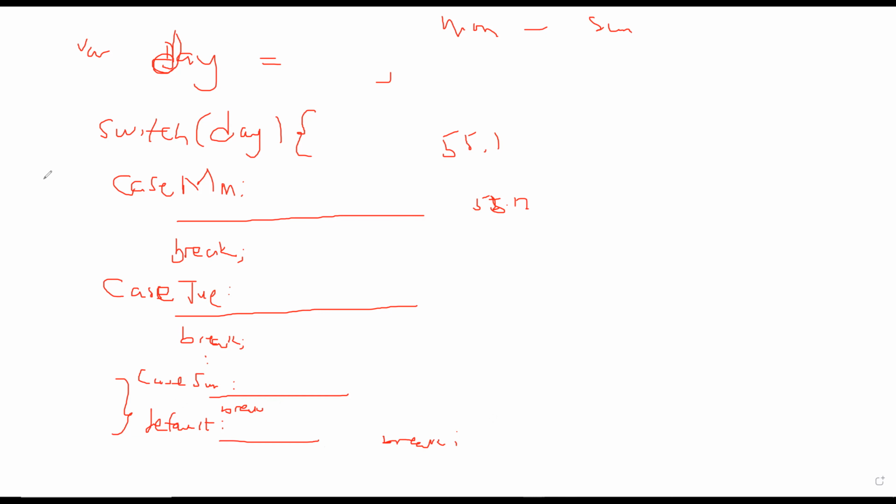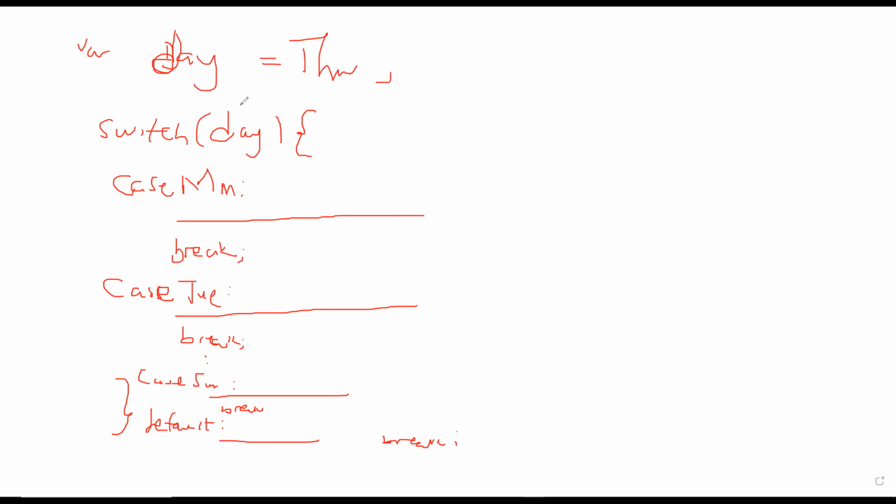Now, when we are dealing with infinite numbers, before I go into that, let me demonstrate what is going on in a switch statement. Let's say I have a Thursday here. The day is Thursday, and I'm switching on the day.